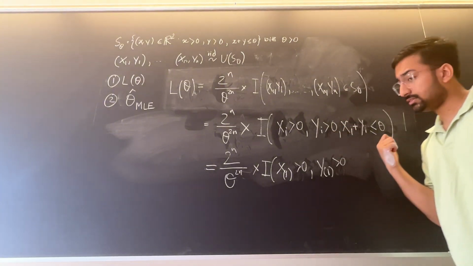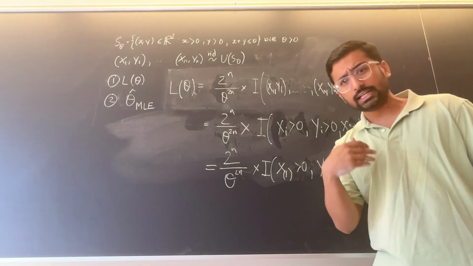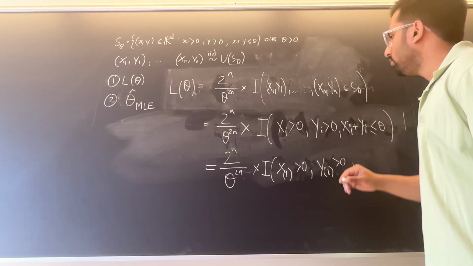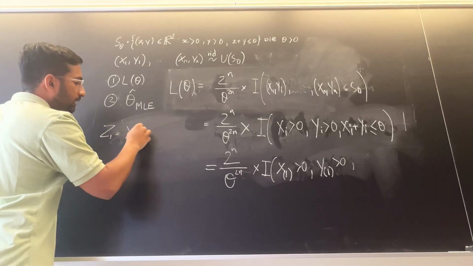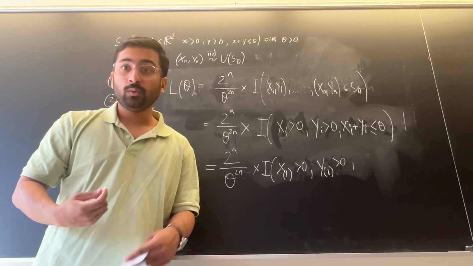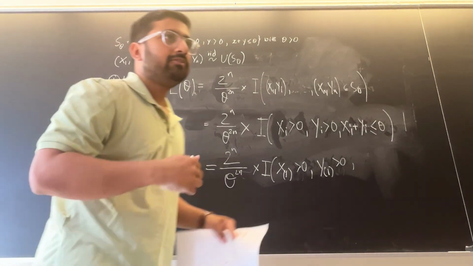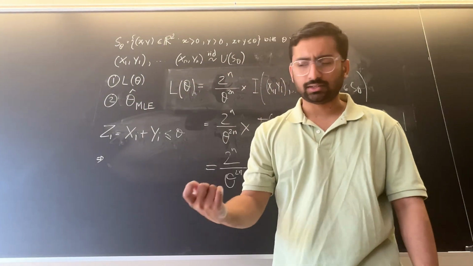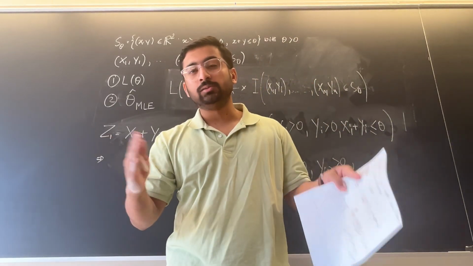Now what about this? Xi plus Yi is less than or equal to theta. We can consider another random variable, Zi, as Xi plus Yi, and we want all of the Zi's to be less than or equal to theta. Again, if you want all of certain quantities to be less than or equal to a certain number, theta, it's equivalent to saying that the maximum of all those random variables is less than or equal to theta.